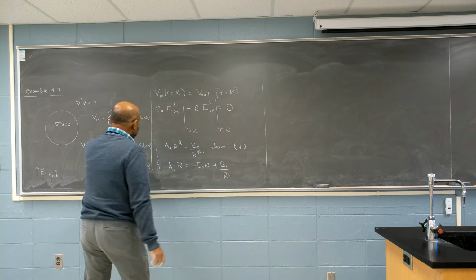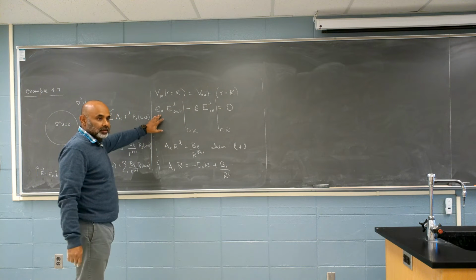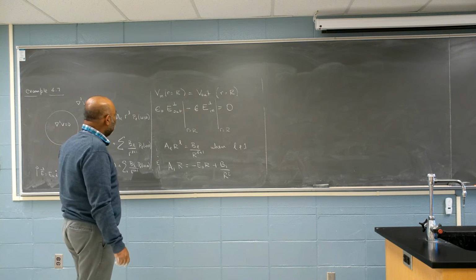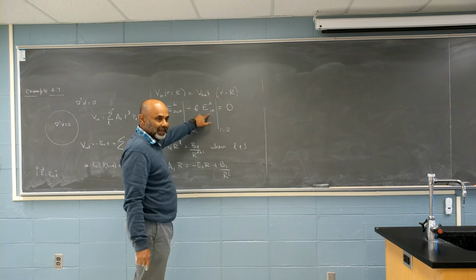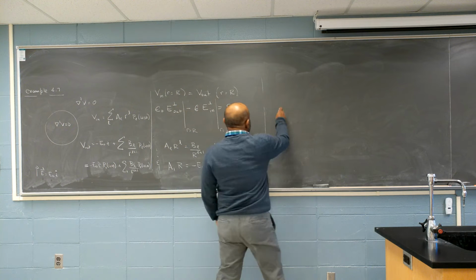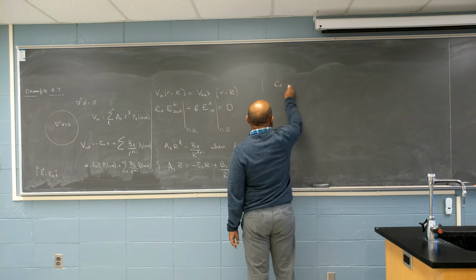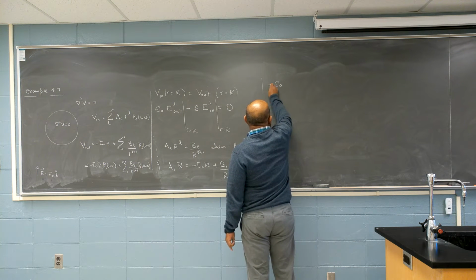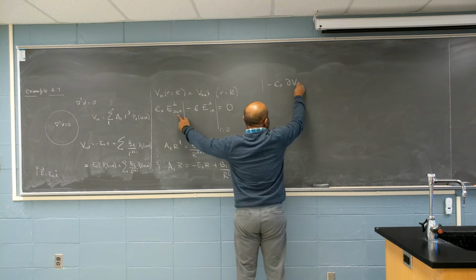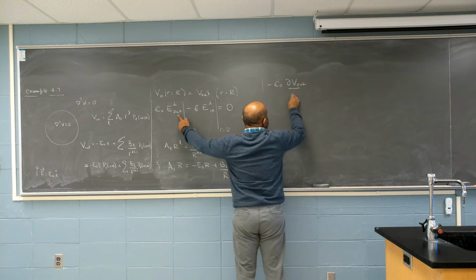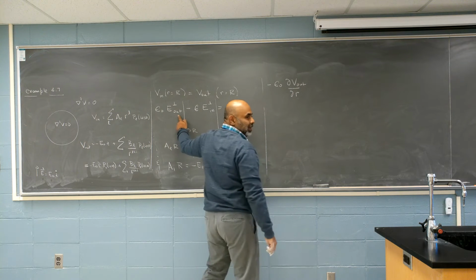Okay, now I have to balance this condition. So obviously, I'm going to set this equal to that. So epsilon naught minus dV out. Are we good with that?